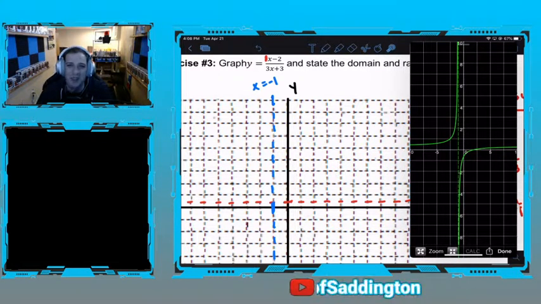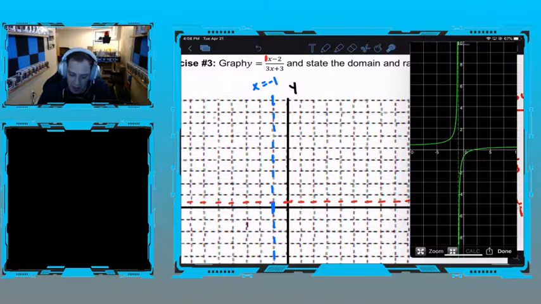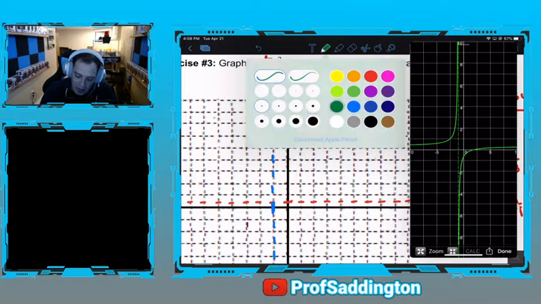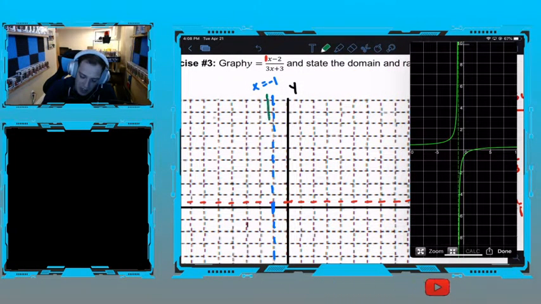If your calculator is still messed up, just make sure to email me, because sometimes the iPad calculators can be finicky, and I know how to fix it. It's just hard to explain unless I'm actually talking with you, or I could send out an email of how to do it. Okay. So in this one, it shows that our graph is going to be up here in the top left.